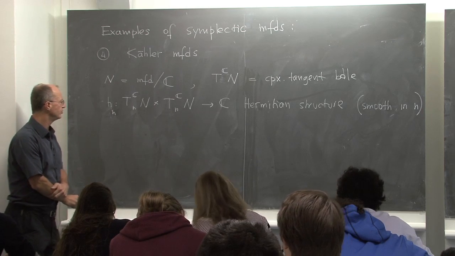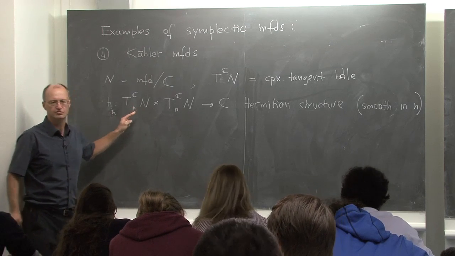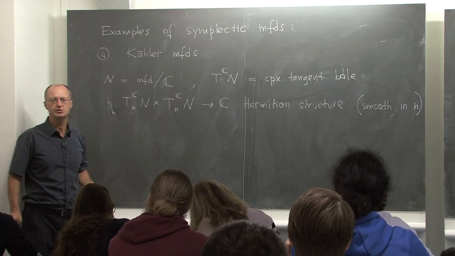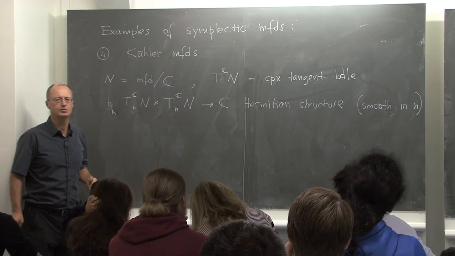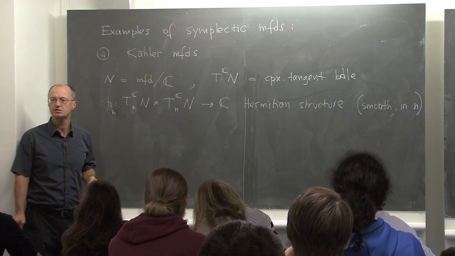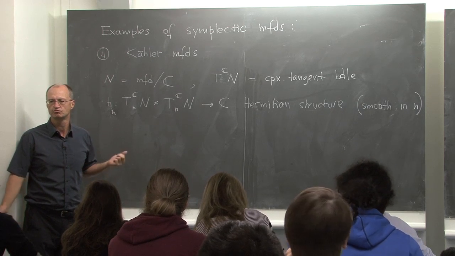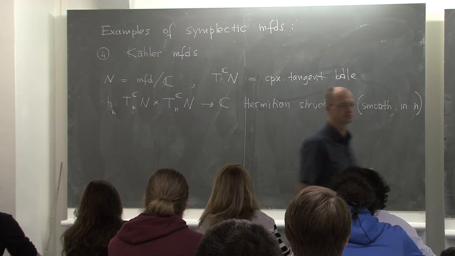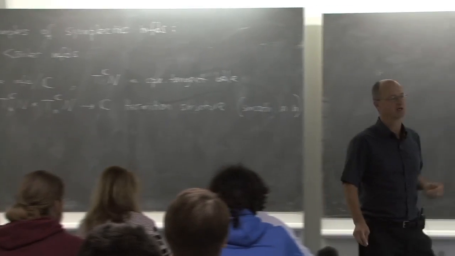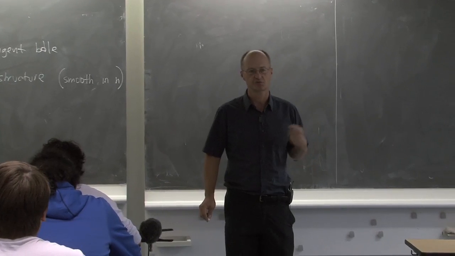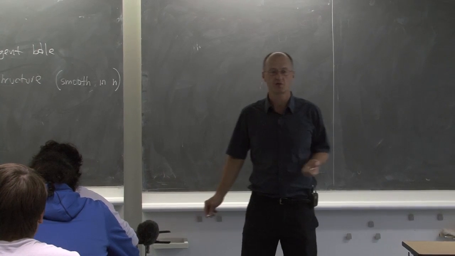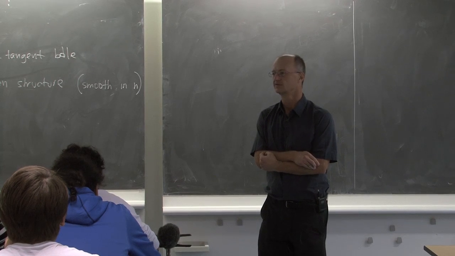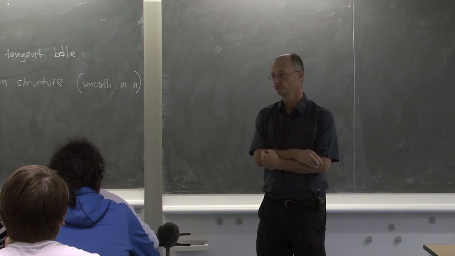Maybe like the first question, what do you think? Is it always possible to have such a Hermitian structure, or would there be some difficulties with it? I was about to say let's choose a Hermitian structure, but maybe they don't exist. Well, if it's just smooth, you can use the same argument as for Riemannian metrics.